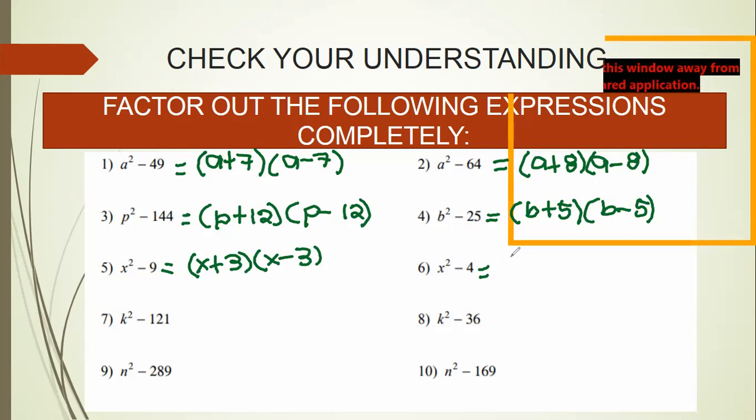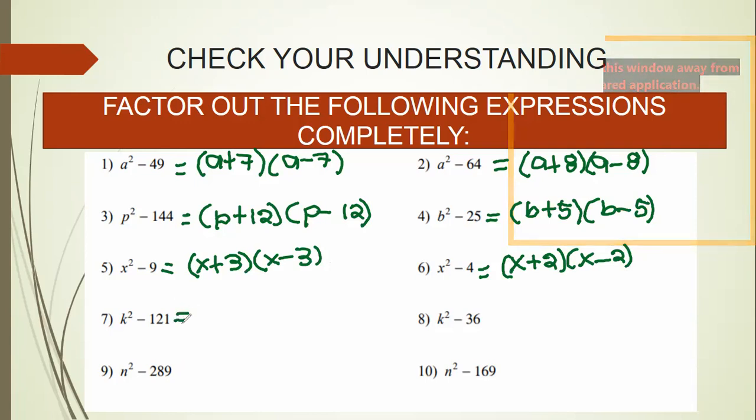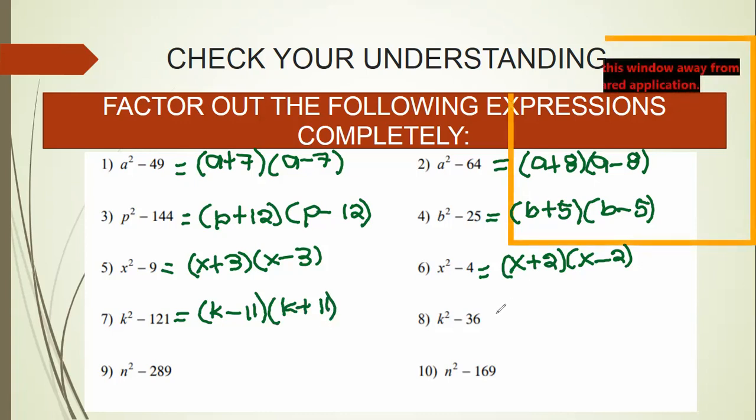So the factored form is x plus 2 and x minus 2. Or we can also write it as x minus 2 and x plus 2. That's also the same. For number seven, we have 3 minus 11 and 3 plus 11. Regardless of the order, that's the same. For number eight, 3 squared minus 36. So this is 3 minus 6 and 3 plus 6.